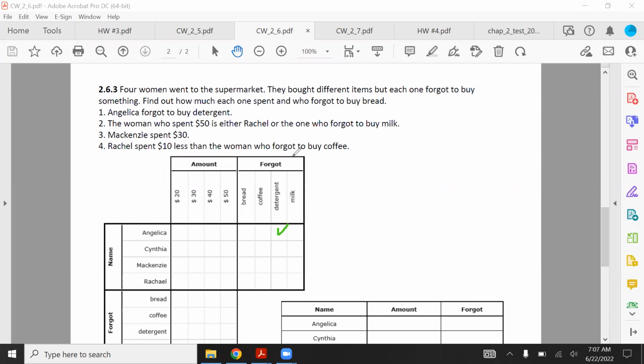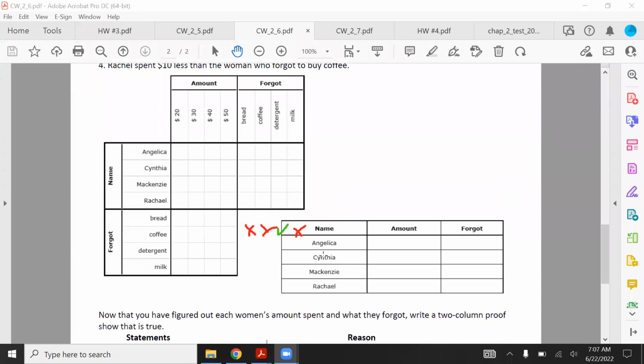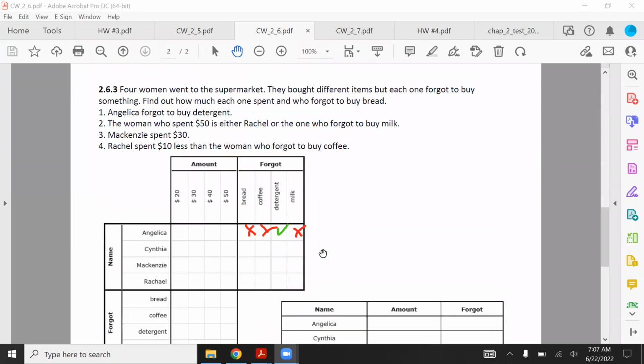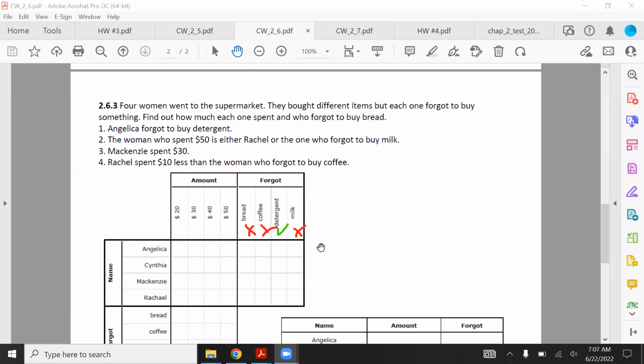So you're going to put X's here and here. And then you have more clues to figure out down below. So you're going to do the same thing we did in the previous example.